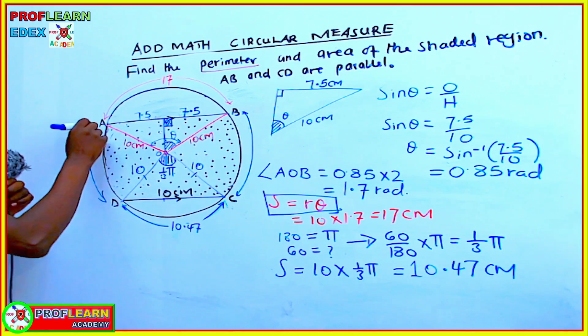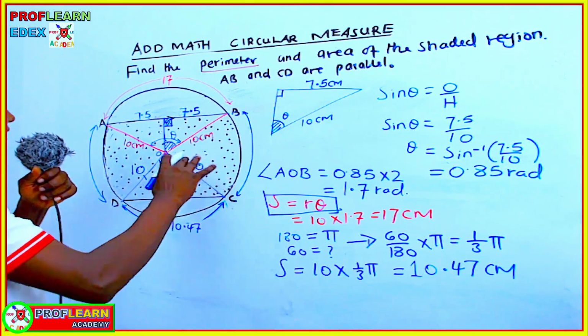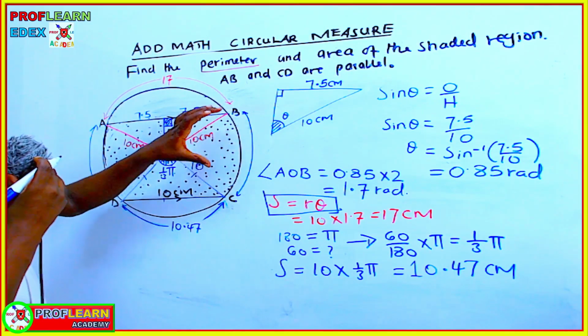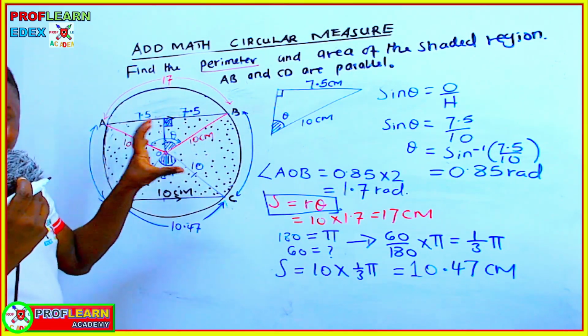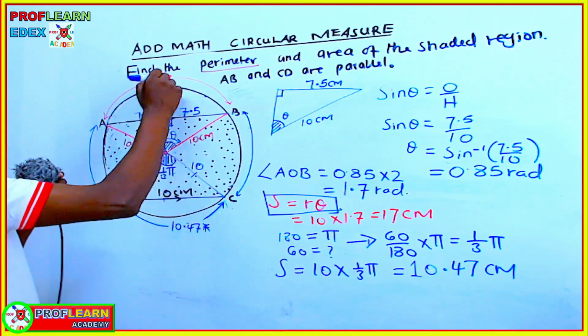Now remember, we said we want to work out what this part is and what this part is. To do that, we are going to find the circumference of the entire circle, then subtract the sum of these two.